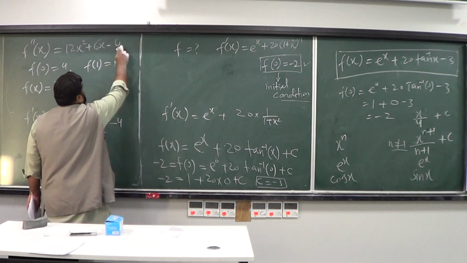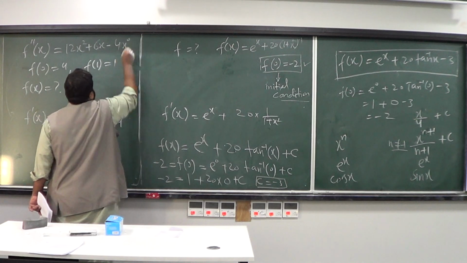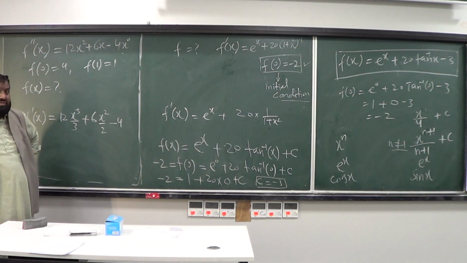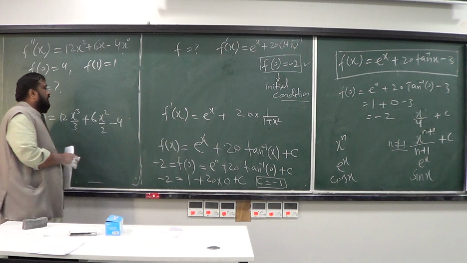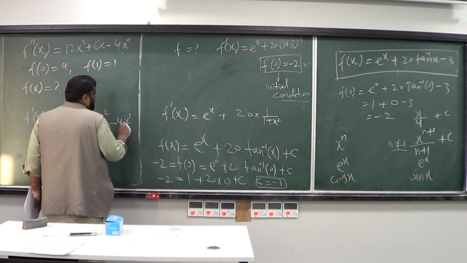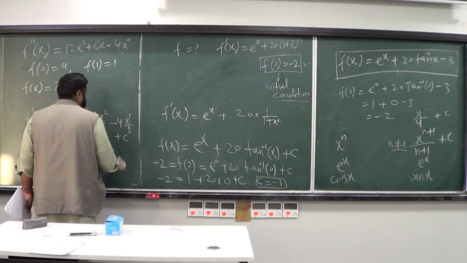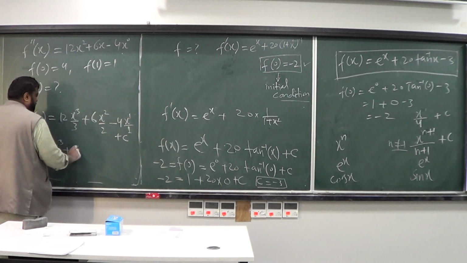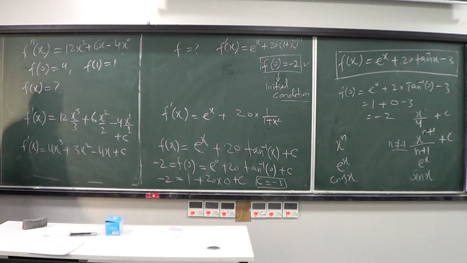And for the minus 4, I can say I have an x power 0 here, because x power 0 is 1. So 4 stays the same, and x power 0 becomes x power 1 over 1, plus a constant c. If I simplify, my f prime of x is now 4x cubed plus 3x squared minus 4x plus constant c.